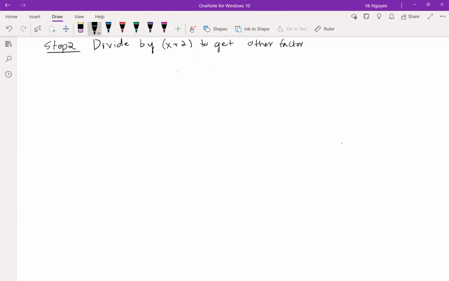There are two ways that we can do the division. One of them is called long division. In long division, we take the function and divide by x plus 2. x plus 2 divided into 2x^3 plus 11x^2 plus 10x minus 8.